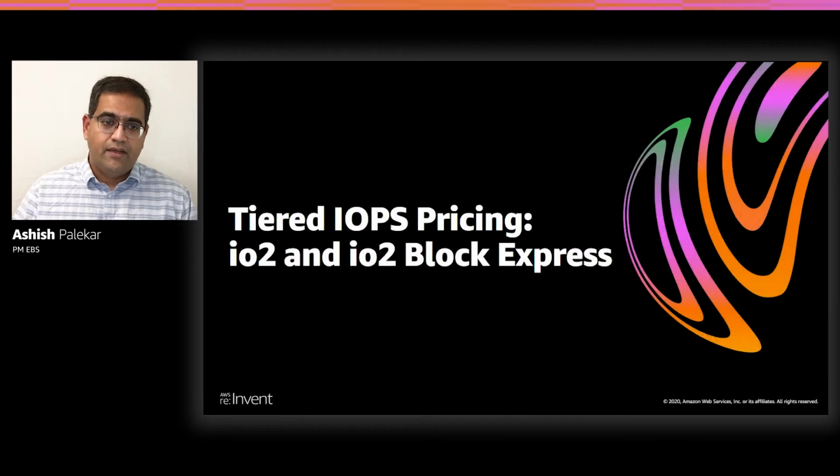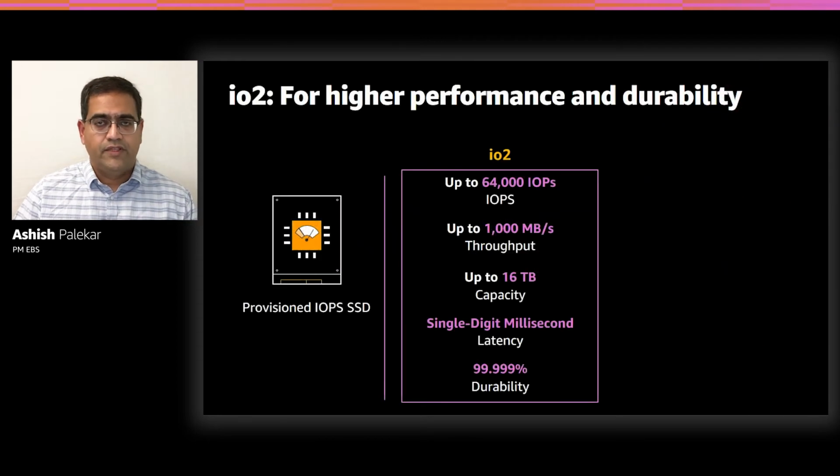On the storage end, we now want to turn our attention to IO2 and IO2 Block Express. So in August of this year, we launched IO2, which is our next generation provisioned IOPS volume. It gives you up to 64,000 IOPS, up to 1,000 megabytes per second in throughput, up to 16 terabytes in capacity.